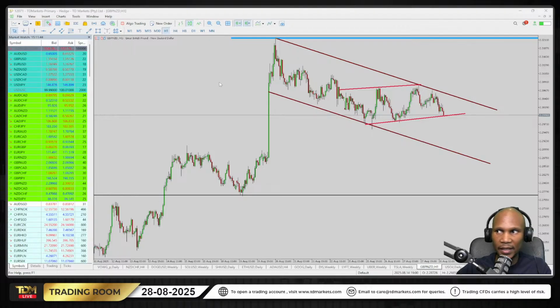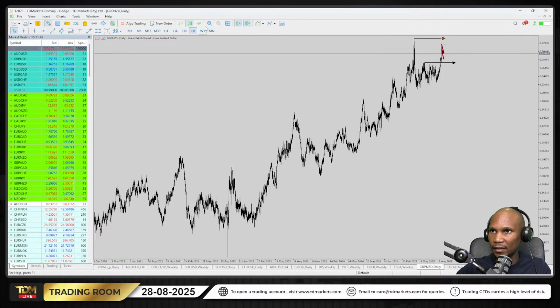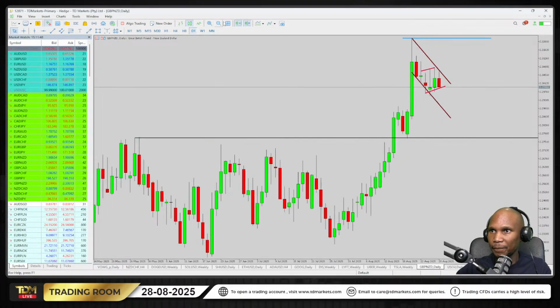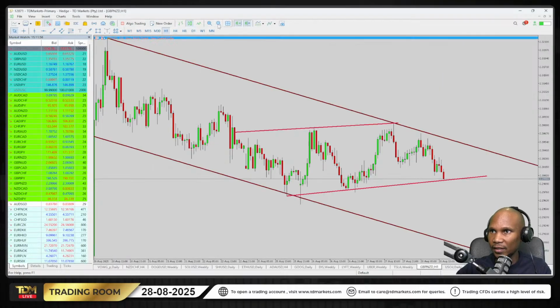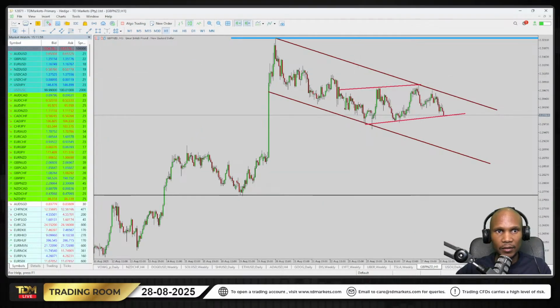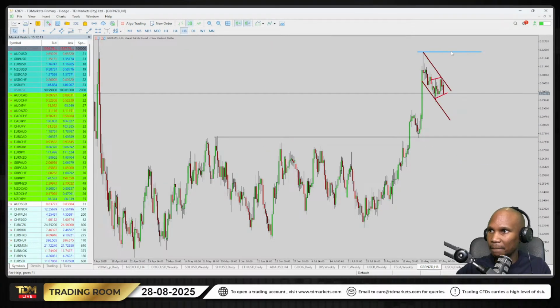So this one is a pretty simple one. On the higher time frames, price is correcting. We have this impulse, and then you've got the correction. But within the correction, we've got one more push to the downside that's coming. So that's how GBP NZD is looking at the moment. I, for one, anticipate this to come back and retest this zone.